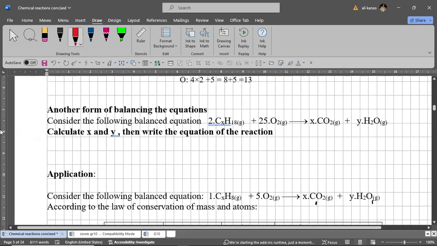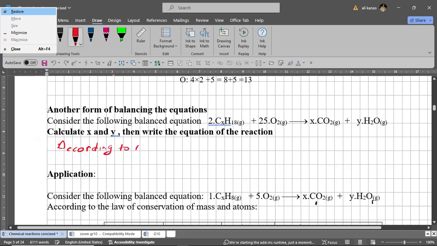We write, according to Lavoisier's law, or it's better to write, according to the law of conservation of mass, or atoms in a chemical reaction.